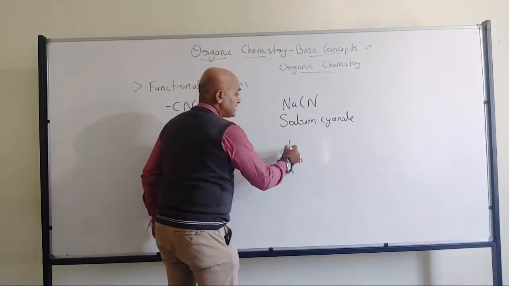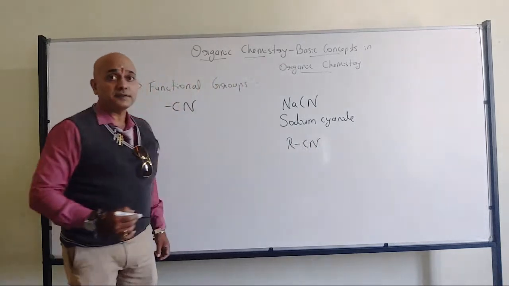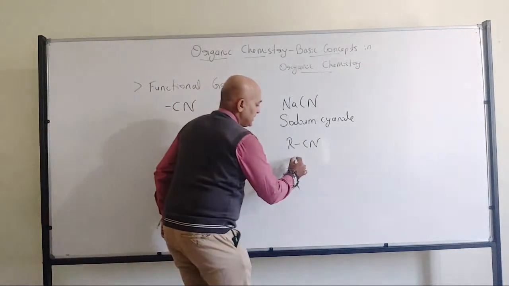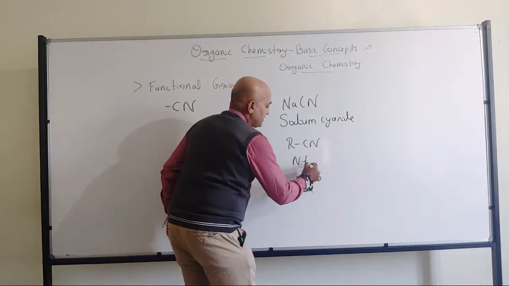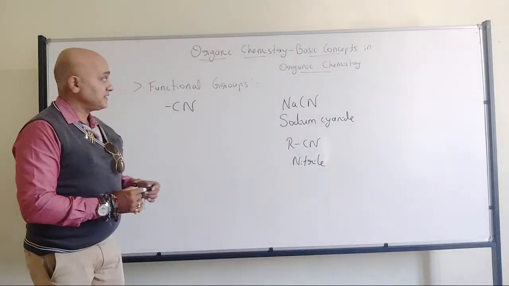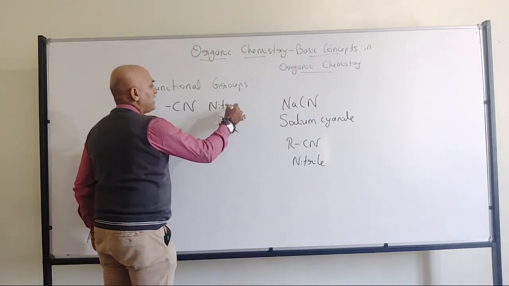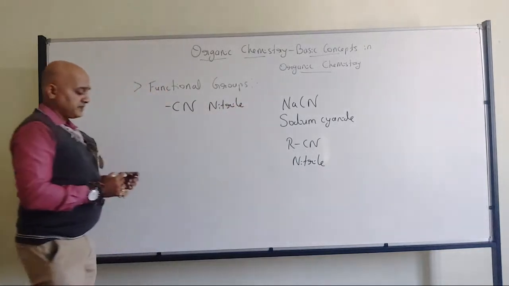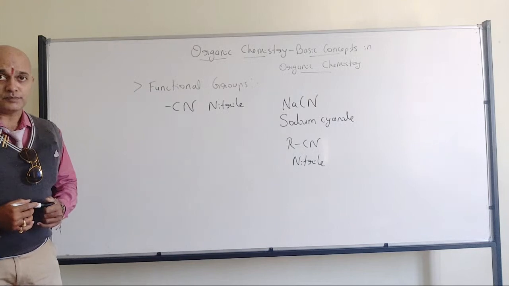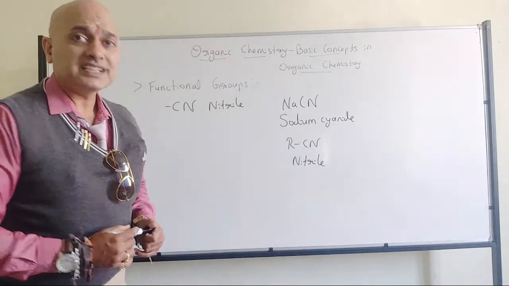But when it is attached to an organic molecule, when it is attached to a carbon, then it is called nitrile. So therefore I will use this one as nitrile functional group. Got my point? All of you have understood?